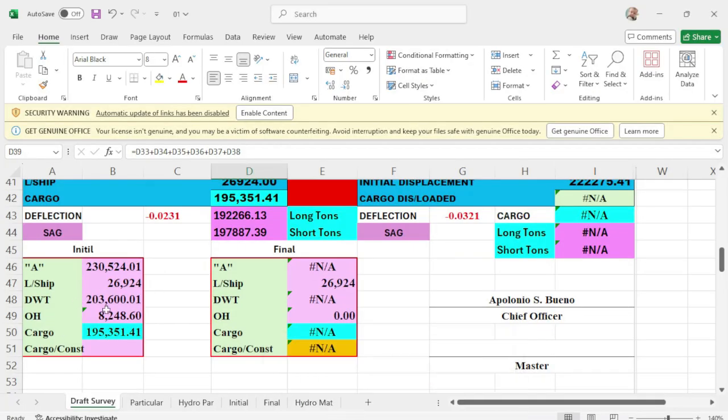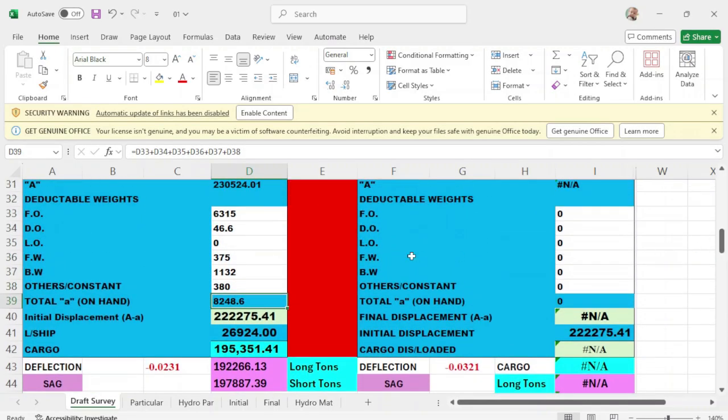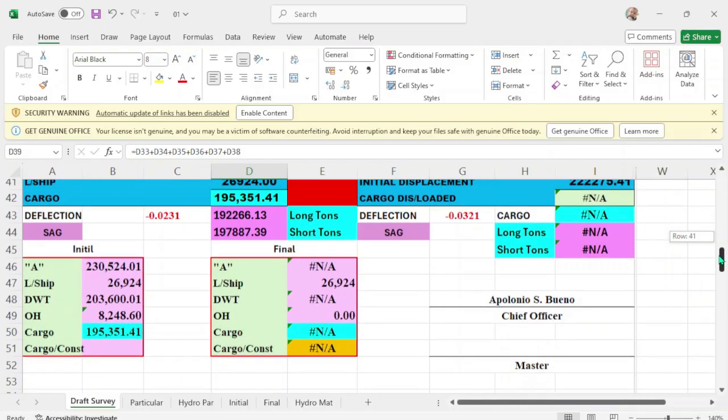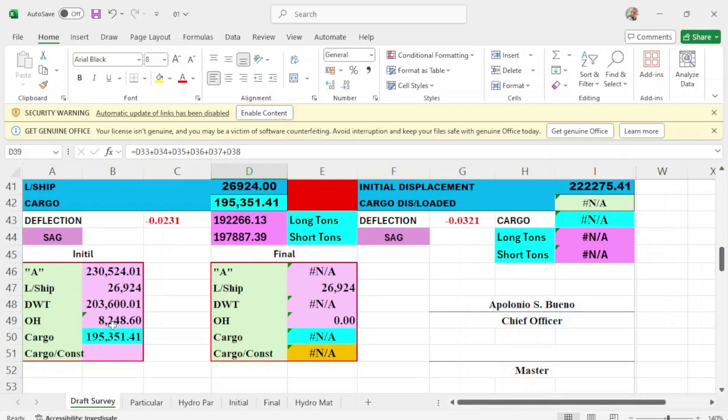So you have your deadweight here, minus your on hand, your ROB or weights on board, which is this one, 8248.6. So that is on hand, or your on board ROB, and this is the same with this one.